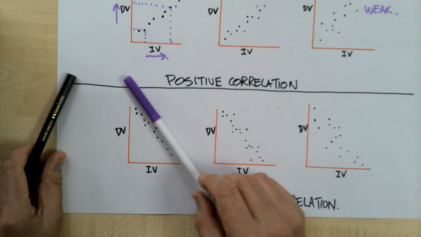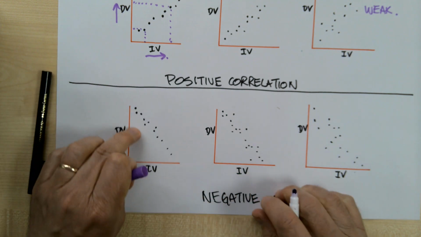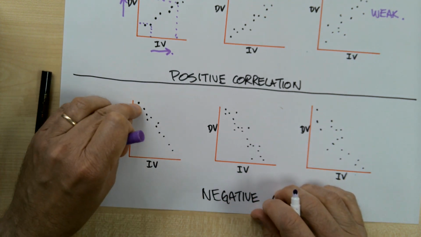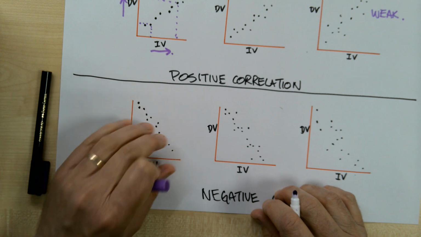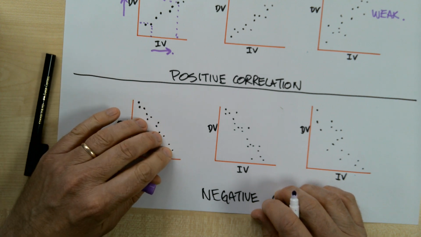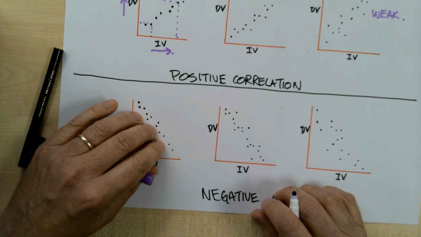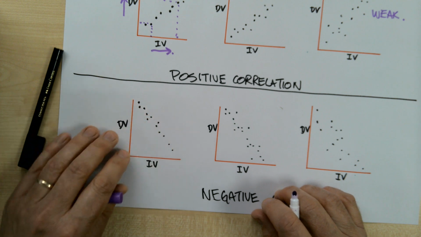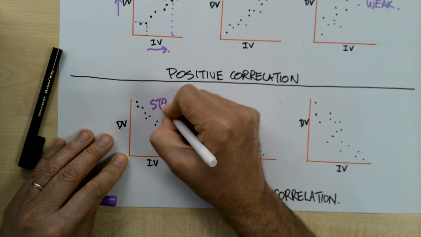This is again a strong correlation. It's going downhill, but it's still strong because it's pretty close to being a straight line. They're close to all lining up. So again, that is strong.